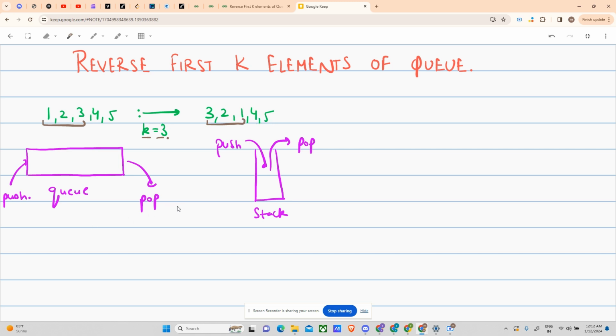For those of you who do not know what a queue and a stack are, a queue is a data structure in which elements are stored at the last position and get removed from the first position. So it is a FIFO type of format, that is first in, first out.